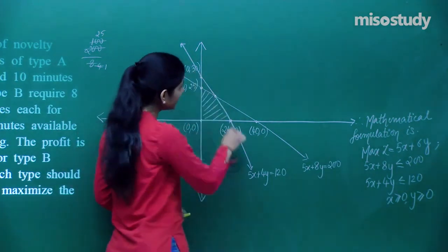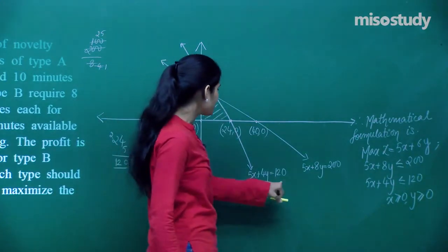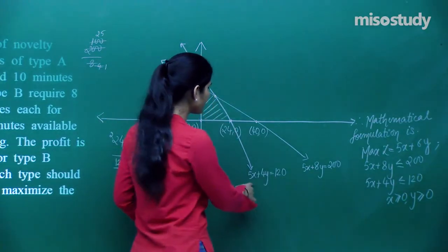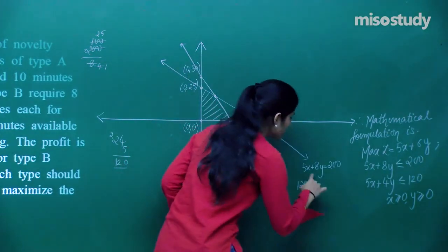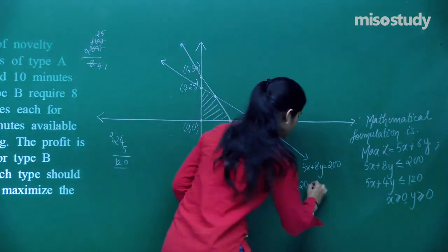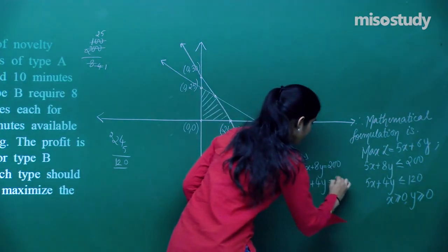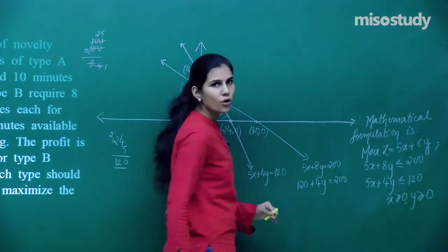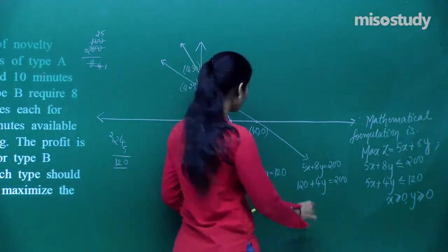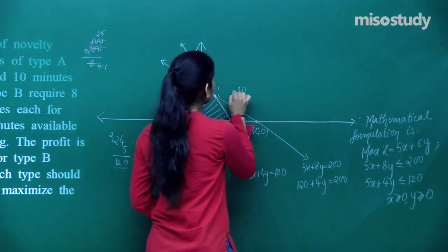What is this point? The intersection of these two lines. 5x plus 4y is equal to 120, so 5x is 120 minus 4y. Put it over here: 120 minus 4y plus 8y, this is plus 4y, equals 200. 200 minus 120 is 80, 80 upon 4 is 20. So y is going to be 20.